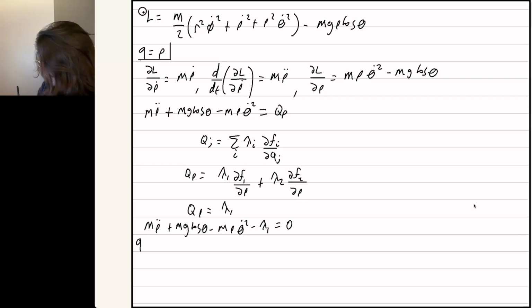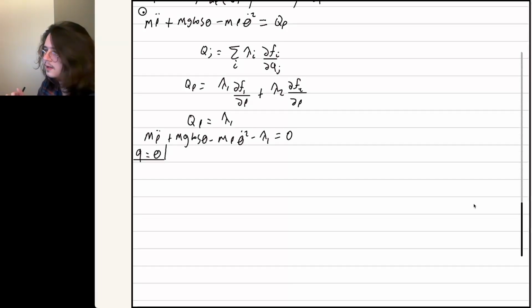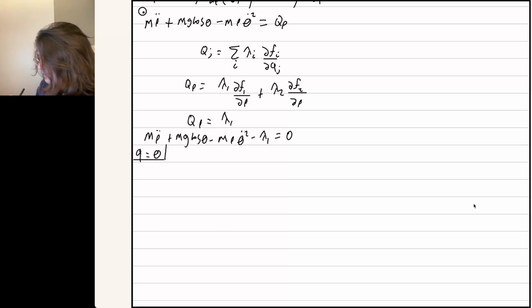Now we can look at theta and do a very similar thing. I've got the Lagrangian up here as well. So del L del theta dot is going to be m rho squared theta dot.